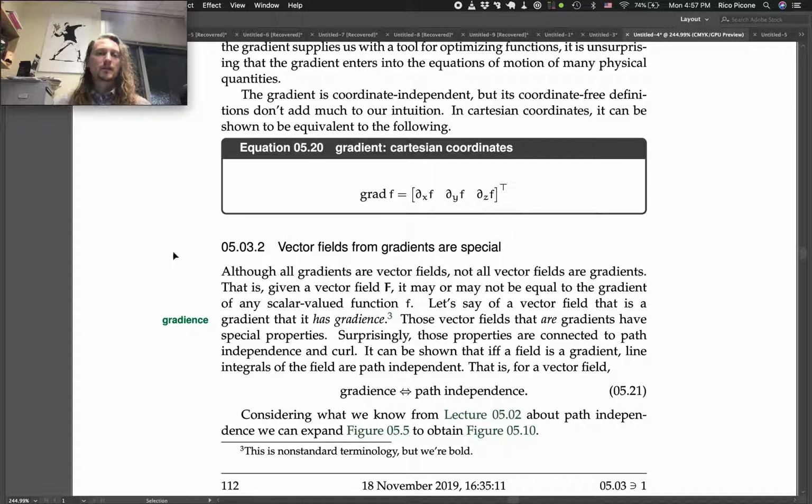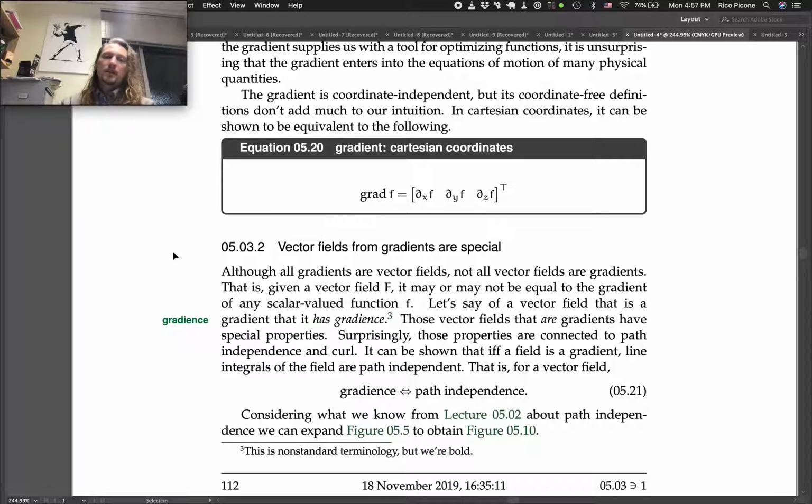Okay, vector fields from gradients are special. Although all gradients are vector fields, not all vector fields are gradients. Given a vector field, it may or may not be equal to the gradient of any scalar-valued function f.